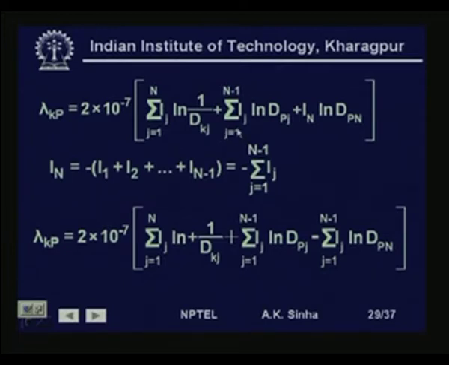For j equal to 1 to n minus 1, I j ln d p j, plus for the nth conductor we are separating it out, plus I n ln d p n. Now, we know I n will be equal to minus of the sum of n minus 1 conductors, because the sum of all the currents is equal to 0. That is, I n is equal to minus of sigma j equal to 1 to n minus 1 I j.